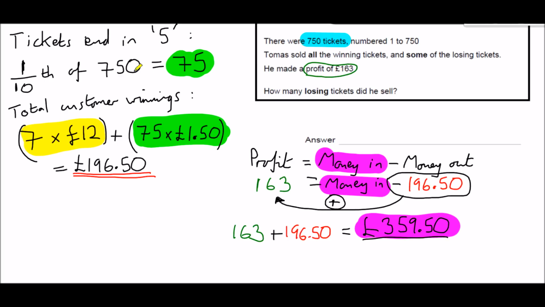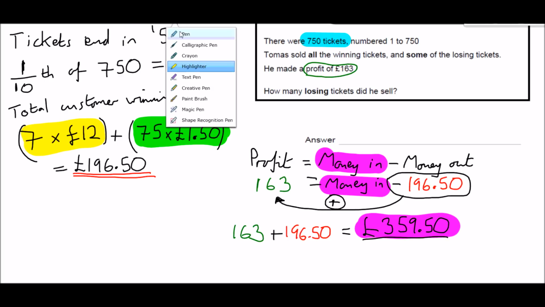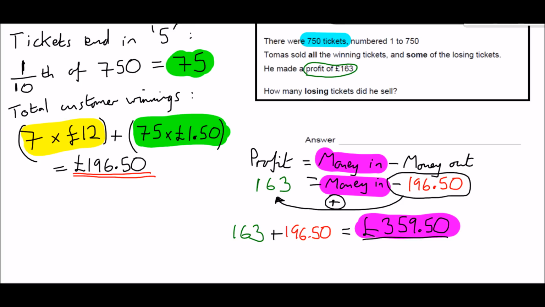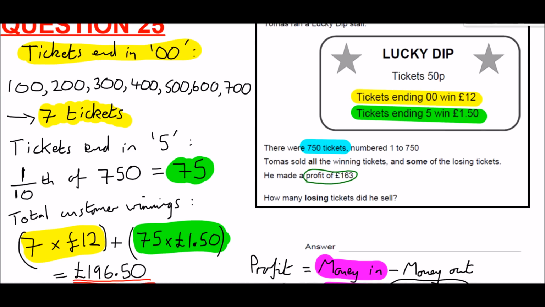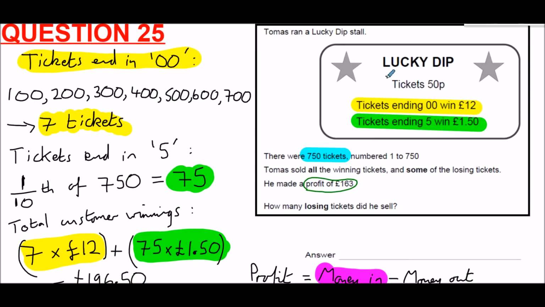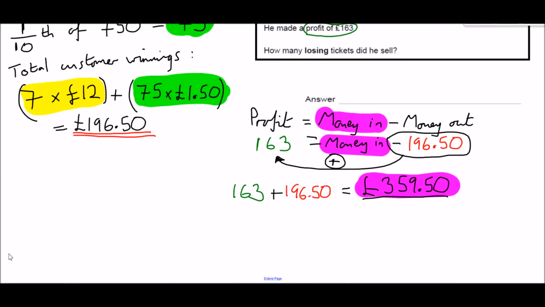So we need to think about how many tickets he sold. So each ticket, it says here, is 50 pence. And so if he made £359.50 in total from selling them, you can calculate how many tickets he must have sold by calculating the total value of the tickets sold divided by the price per ticket.